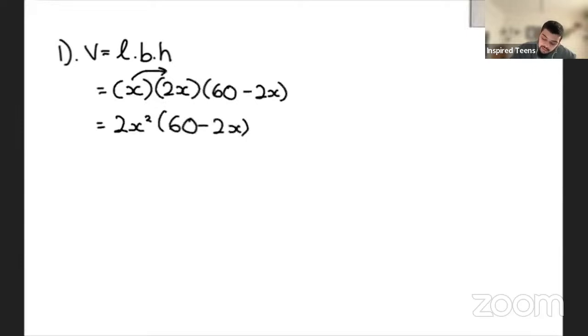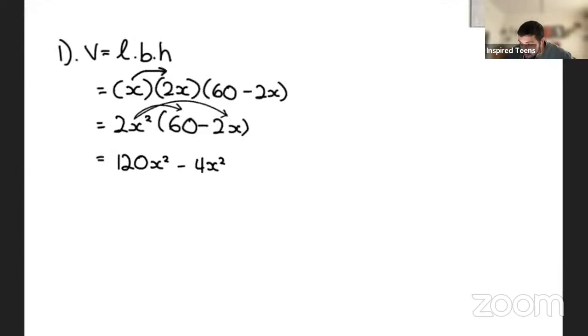Now I need to distribute this. 2x squared goes to the 60, and it goes to the 2x. So I'm going to get 120x squared minus 4x cubed. I think that's correct now.